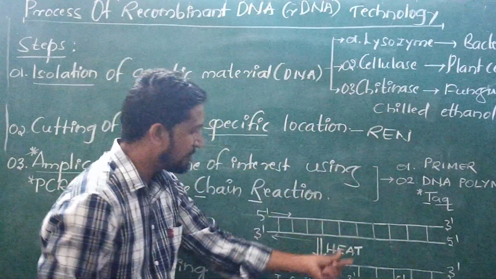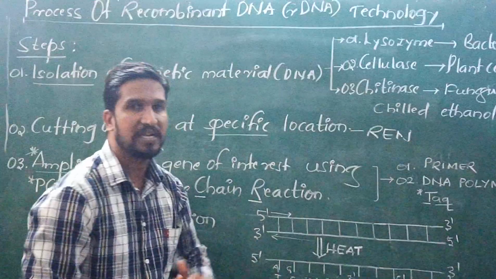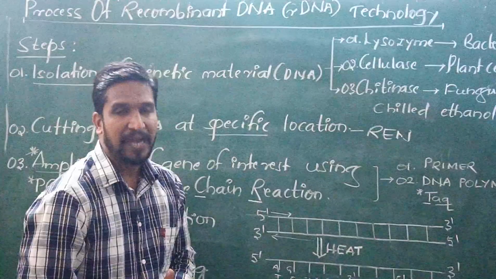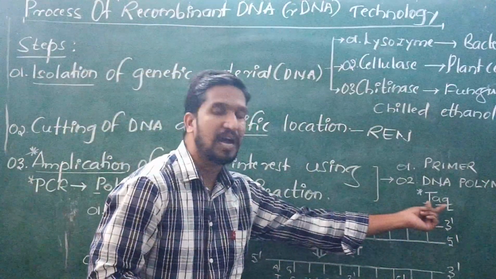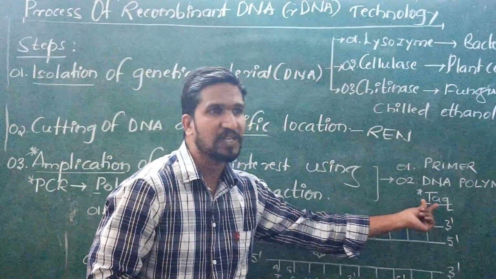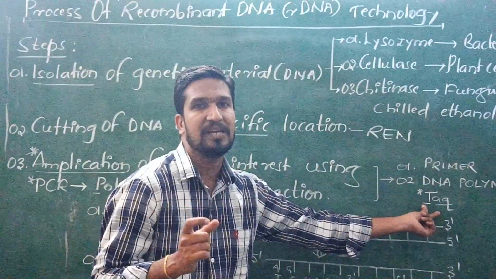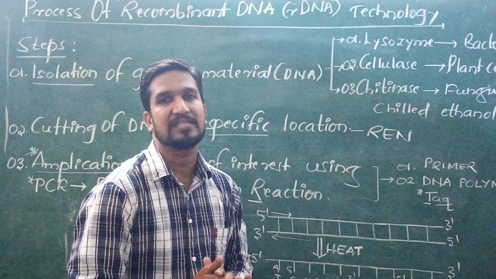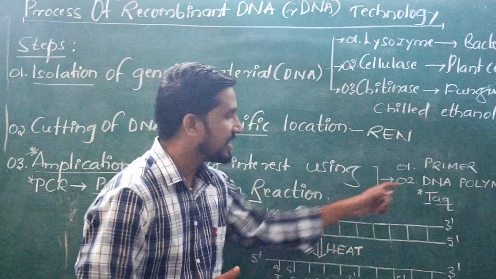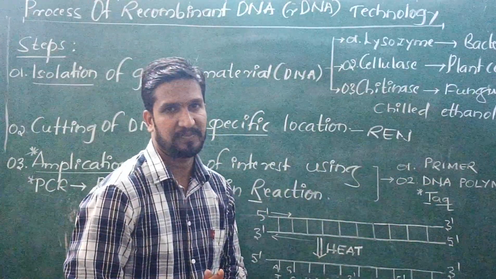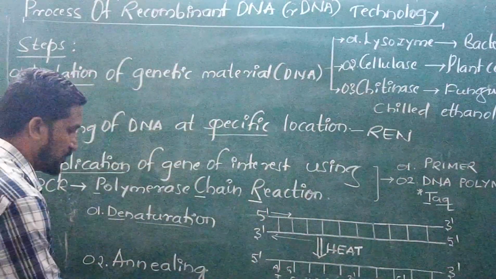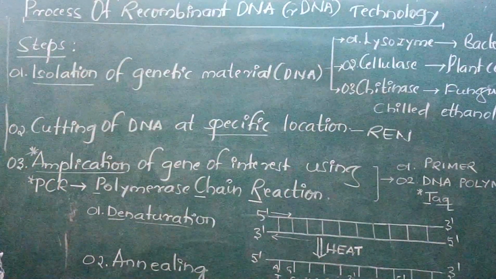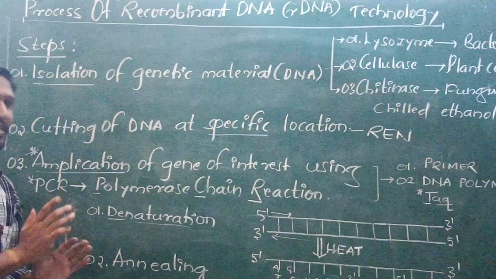The primer binds here, and the DNA polymerase enzyme is extracted from the bacterium Thermus aquaticus. Thermus aquaticus is a bacterium available in water, surviving even at 80 degrees Celsius, because the heat process is given at that temperature and the enzyme has to work. So extension takes place and two strands of DNA are formed by the process of amplification using PCR.